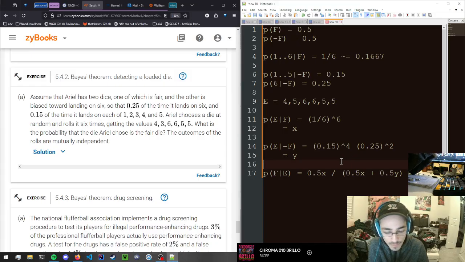So 0.15 to the 4th times 0.25 to the 2nd. Yeah, so we do that. Are these the same chance? 0.15 to the 4th, 0.25 to the 2nd. These almost gave the same chance. They're like slightly different. And then x is 1/6 to the 6.